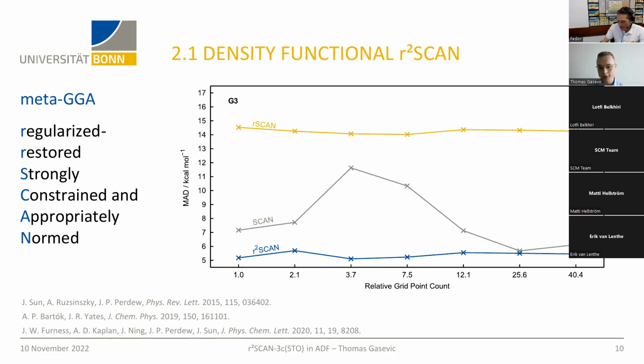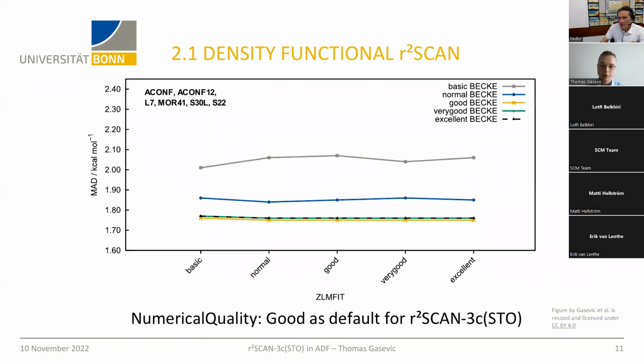However, we still observed some grid sensitivities when we tested it, so we also tested it in ADF. For this, I'm showing you this graph over here, plotting the mean absolute deviation for these benchmark sets. We tested different settings for the density fitting grid, so the ZlmFit, which ranges from basic to excellent on the x-axis. In colors, we're showing different settings for the Becke integration grid.